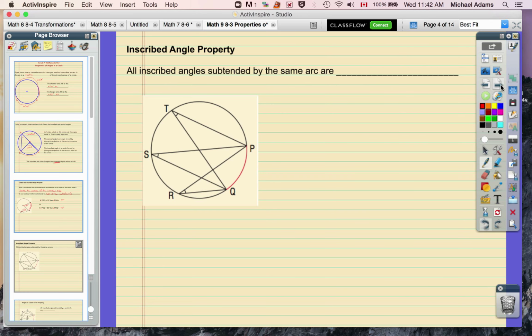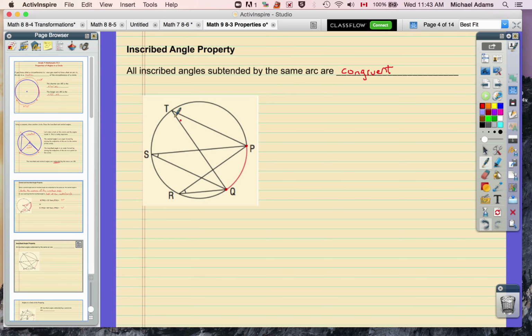Now, let's take a look at this one. In this situation, all inscribed angles, if they're subtended by the same arc, we say are going to be congruent. When something is congruent, that means it is the same as something else. So in this situation, all these angles are going to be equal to each other because they all come from this arc, arc PQ.